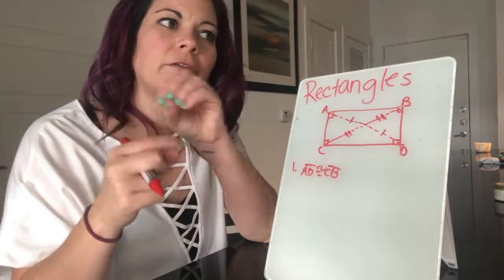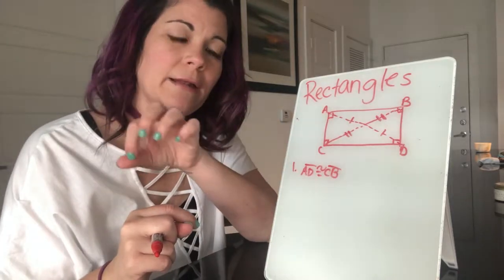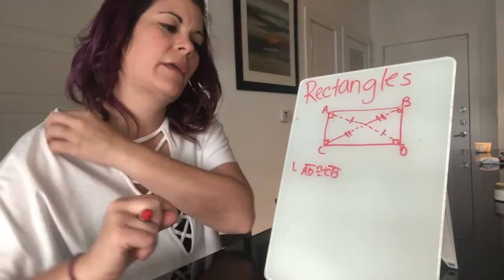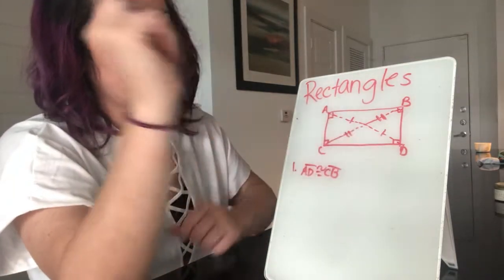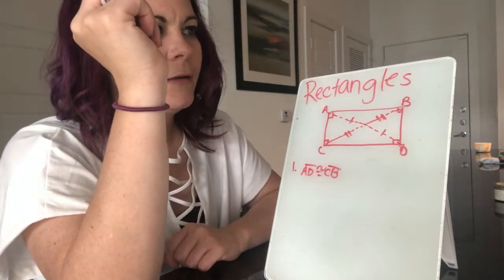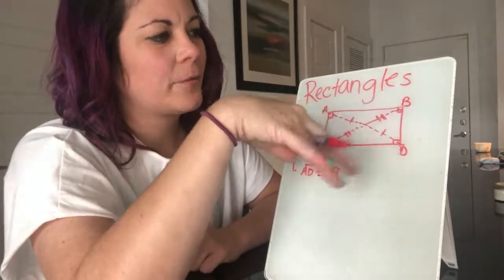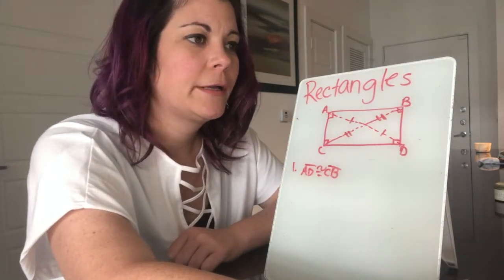So if the diagonals of a parallelogram are congruent, then we can automatically say that it is a rectangle, okay? So if this is a parallelogram, and we state that it is a rectangle, then we know that its diagonals are congruent.